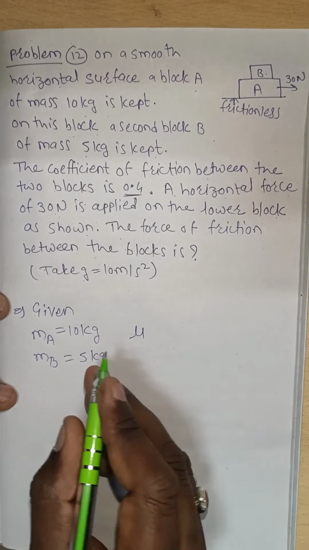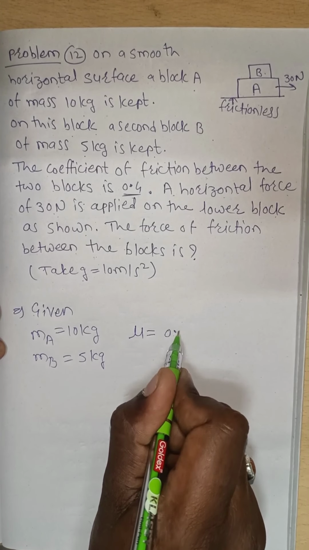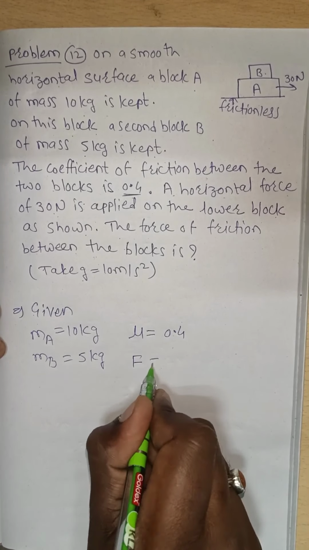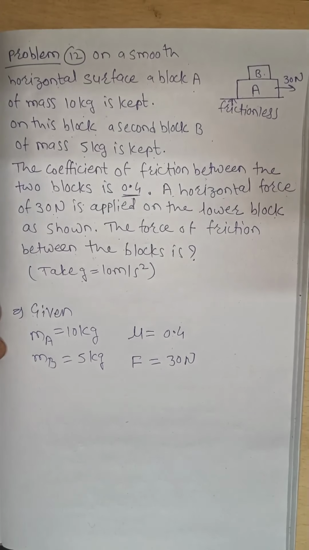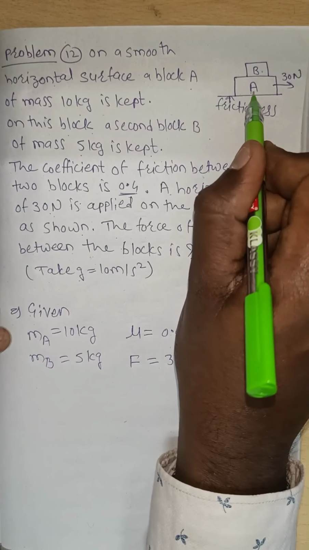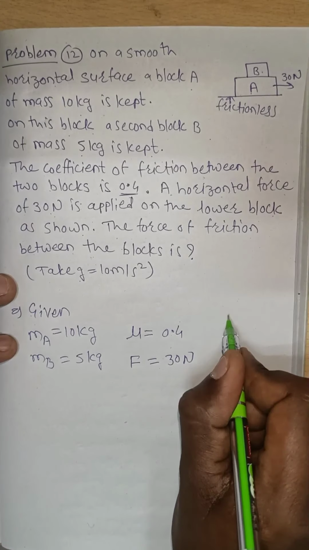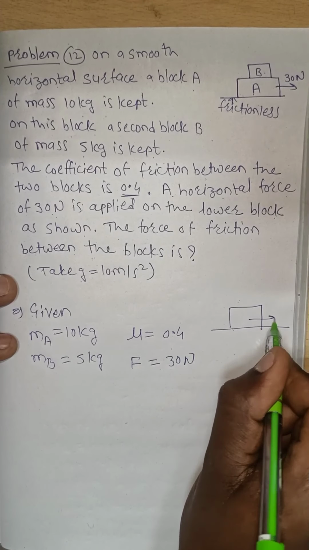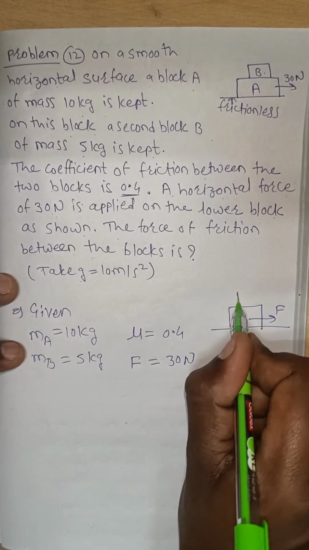The coefficient of friction mu is given as 0.4, and the applied force on the lower block is 30 Newton. Now when the lower block is moving in a forward direction, the force is applied in that direction.